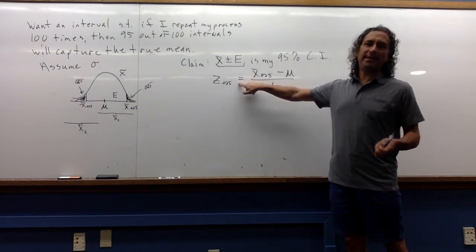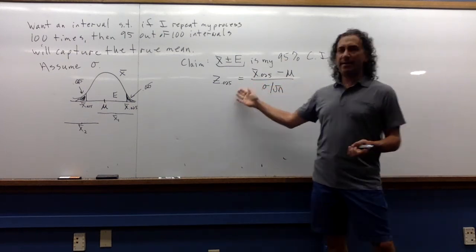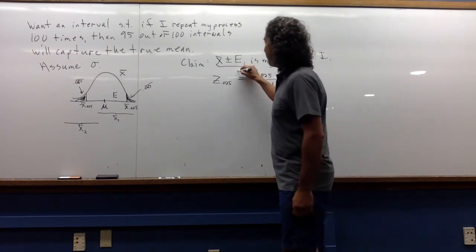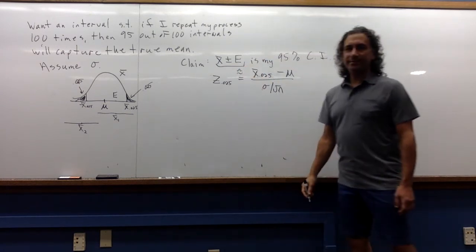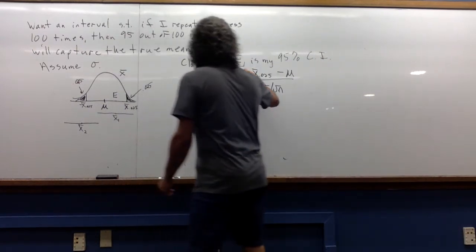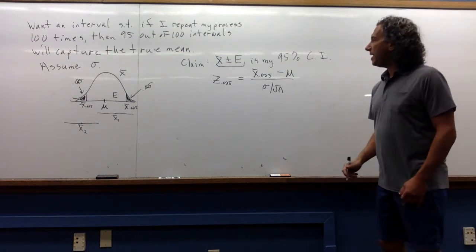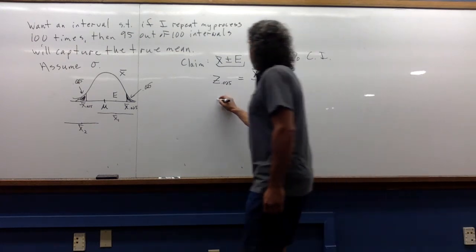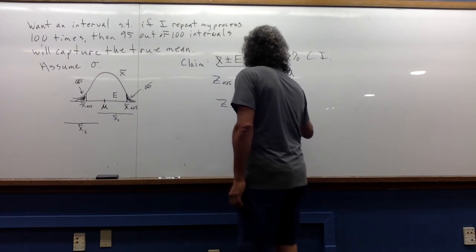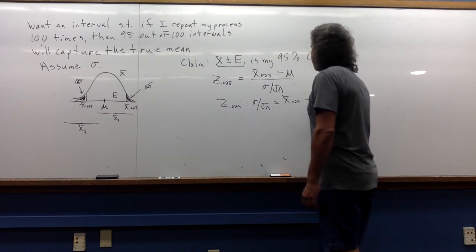I'm putting equality here because I need to do a computation. I'm not writing the limit. Technically, this is not true. Technically, this should be approximately. But we're going to say equals. And again, as n gets large enough, it's close enough, well, then z sub 0.025 times sigma over root n is x bar sub 0.025 minus mu.